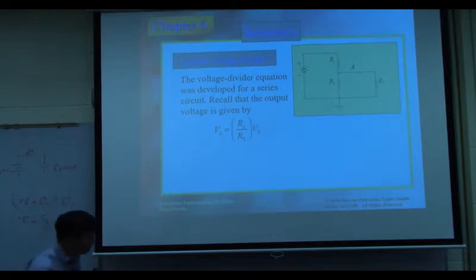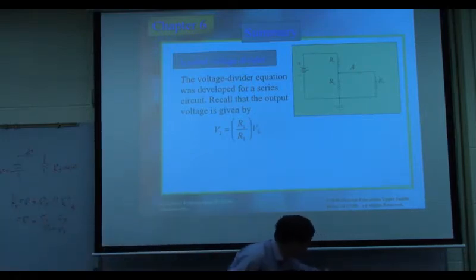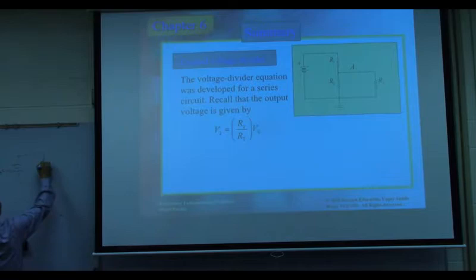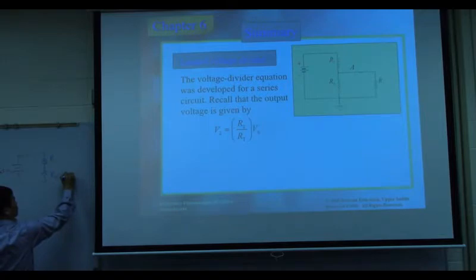It will be like this, and this one is R1 still. We do not use RT, we use R2,3. The value is just R2 in parallel with R3. We can easily calculate this.